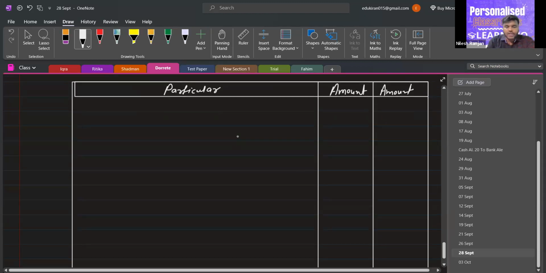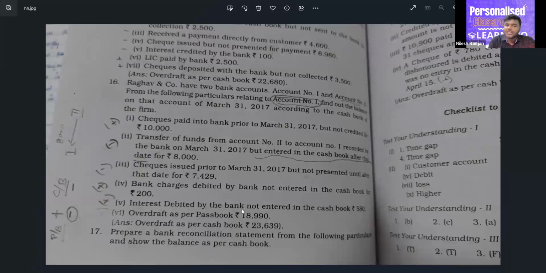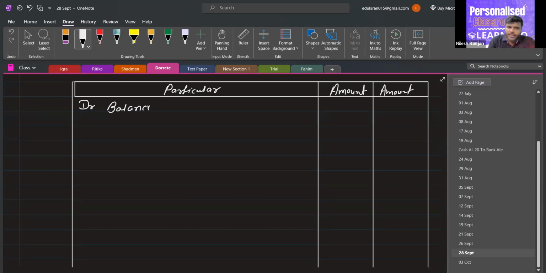First of all, I will write the opening balance that is given here, overdraft as per passbook 18,990. So I will write here debit balance as per passbook or overdraft balance as per passbook, $18,990. Okay.